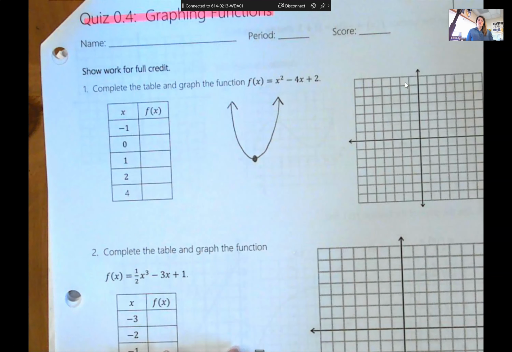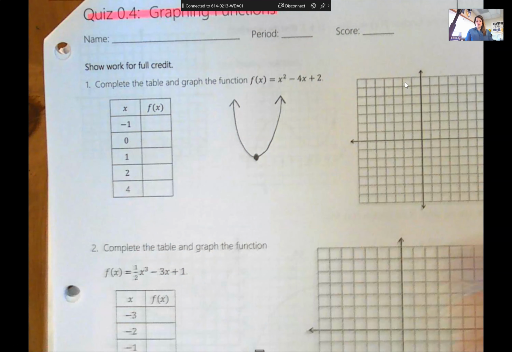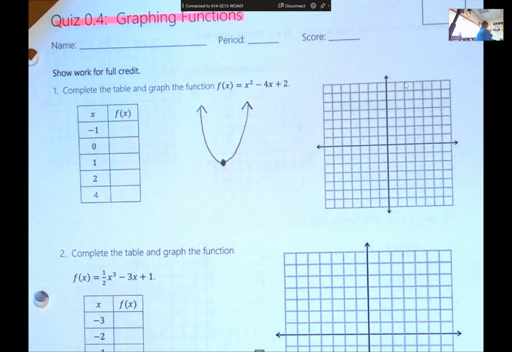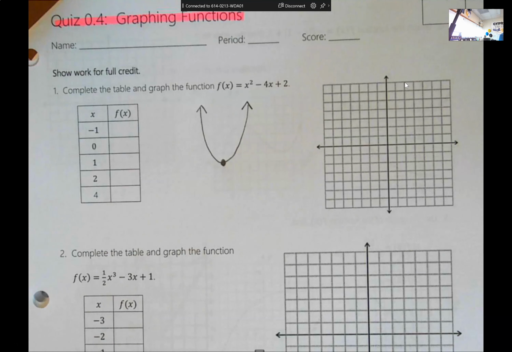You're going to plug in those values to make your graph. So I would get started and get your values, and then look to see if you can figure out what it looks like.